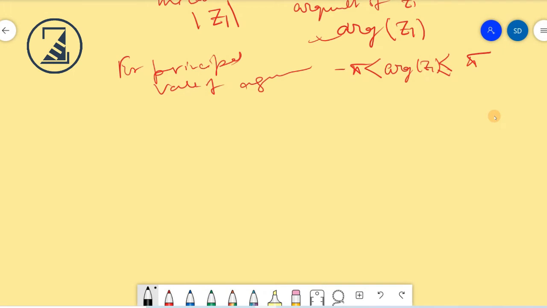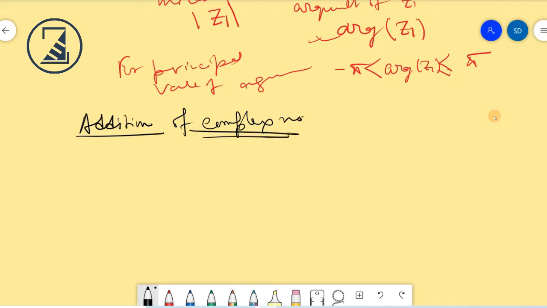So now we will talk about addition. We'll talk about addition of complex numbers. In case of complex numbers, the real and the imaginary parts add independently.